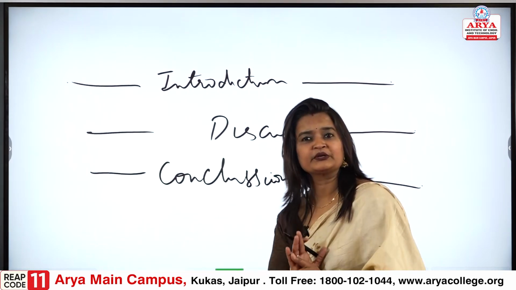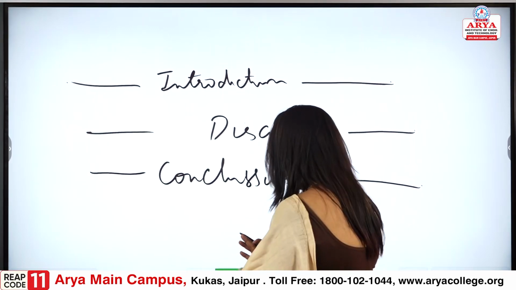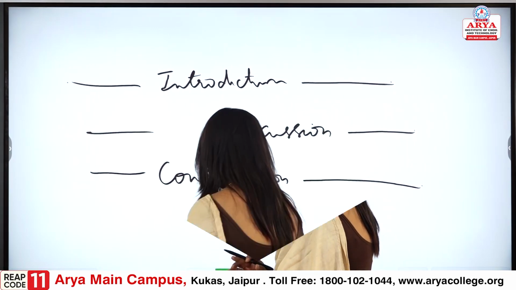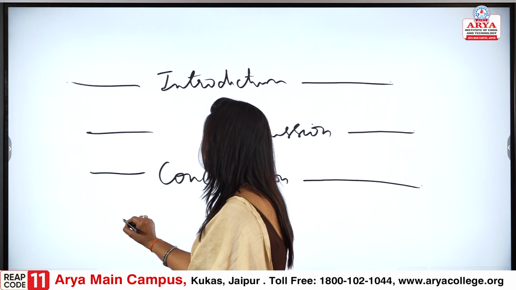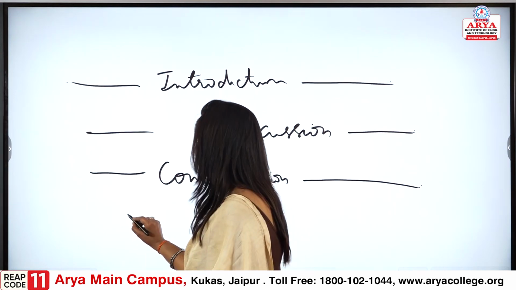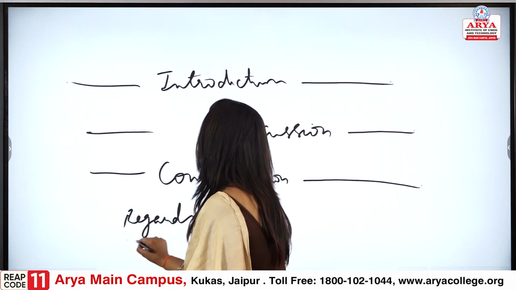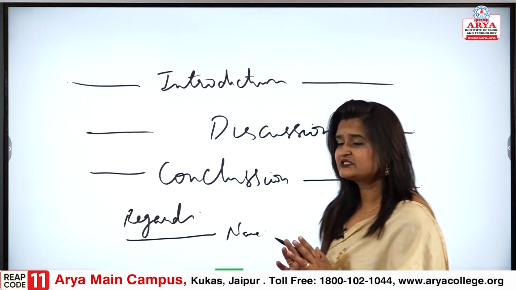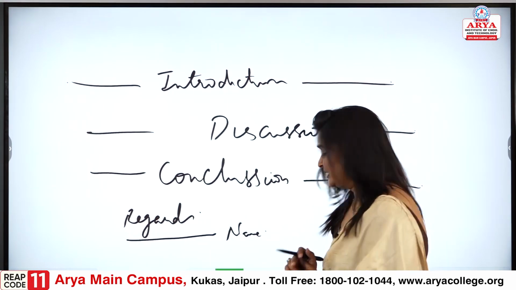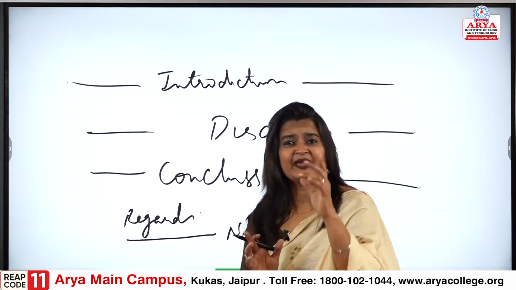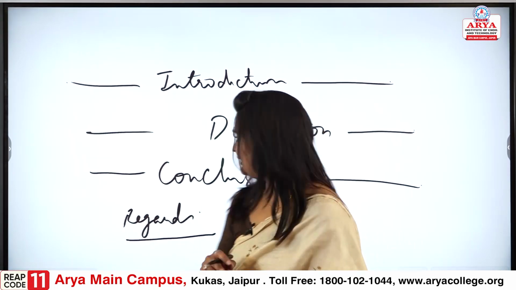This has to be followed. Fine. And then we will end it with regards and name. So, this is the way we would follow it. Fine, it is a simple way as we mail it. So, these are the main three formats that we would be using.